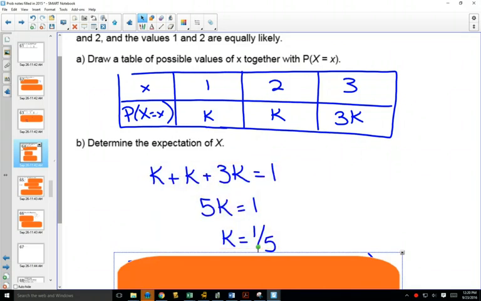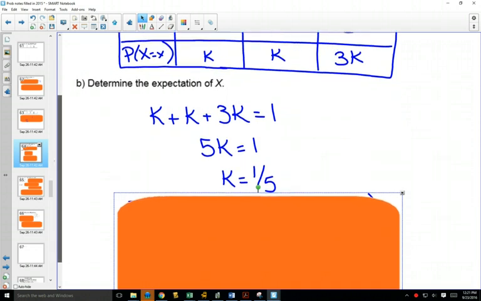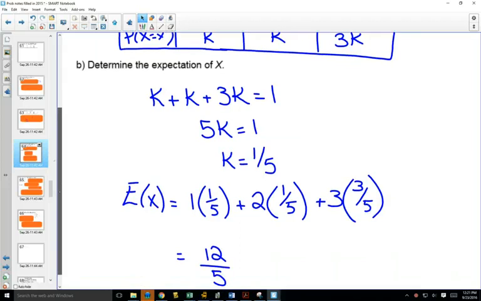Well, we know that that bottom part always adds up to equal 1. And so solving for k gives us 1/5, and then once you have that, then you can find the expectation.